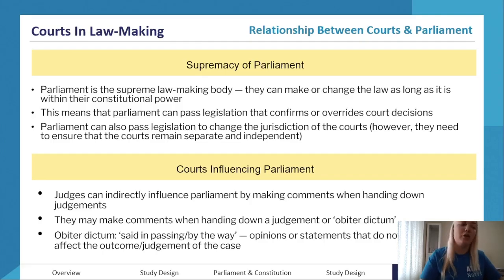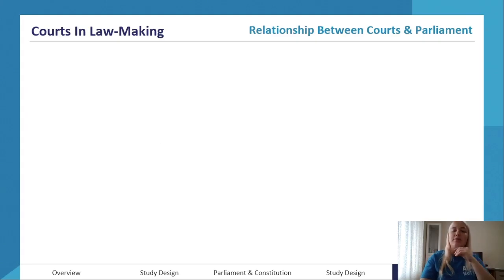They still have to follow whatever Parliament laid out in that act, even if they don't agree with it. But they could point out to Parliament that there is a mistake somewhere or that a law that they had to follow is not fair. And then Parliament might decide to change it and actually amend their act or law. So this is how courts are able to influence Parliament.